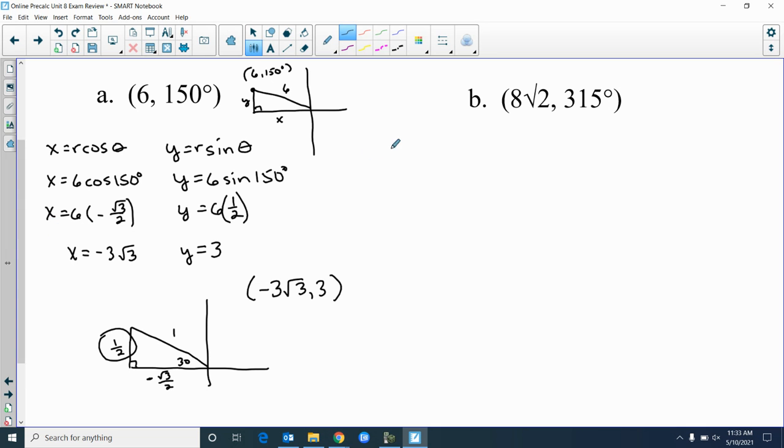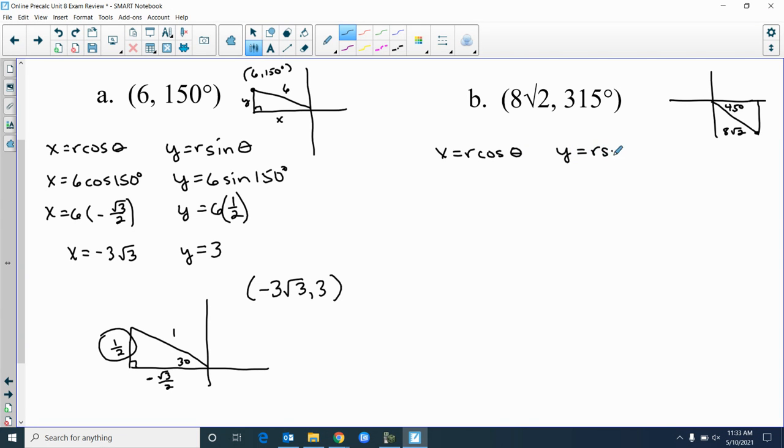for part A. For part B, 8 square root of 2, 315. Okay, that's going to be all the way in quadrant 4. That means that distance is 8 radical 2. That means this is 315 all the way around, which gives me a reference angle of 45 degrees. X equals r cosine theta.